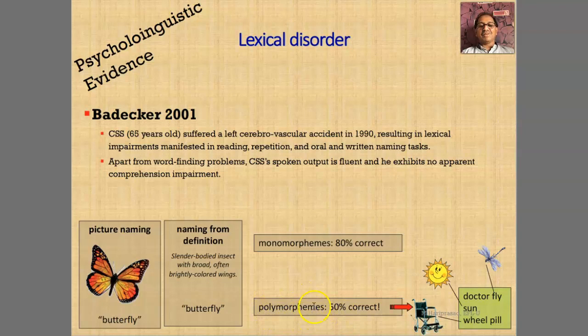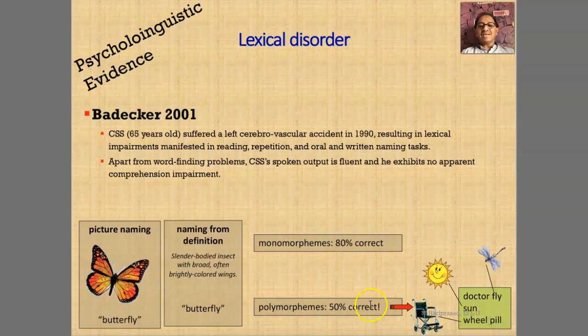That means when you say polymorphemic, there is more than one morpheme and one morpheme attaches to another. That means there is a rule. So then there is a problem. So he had a problem. He was okay when pronouncing monomorphemic words, 80%, like fly, sun, wheel, pill, which are monomorphemic.